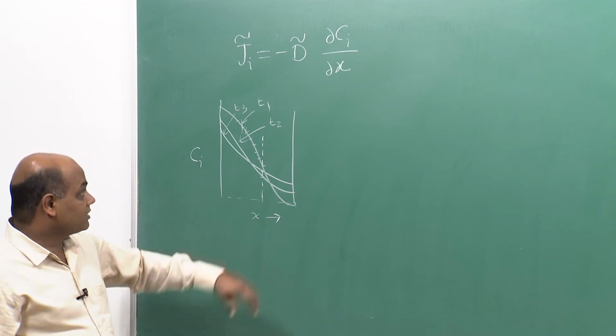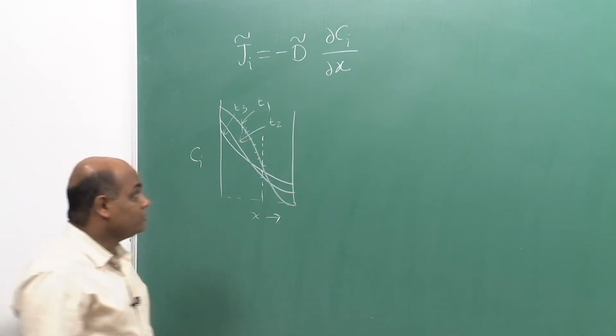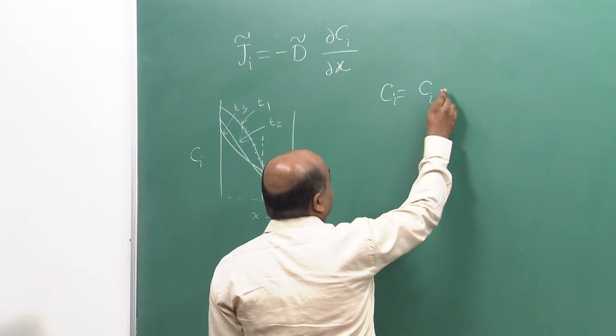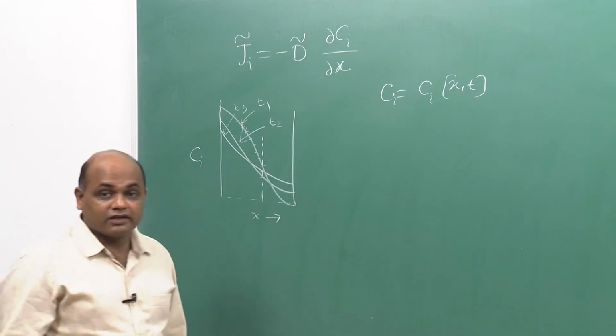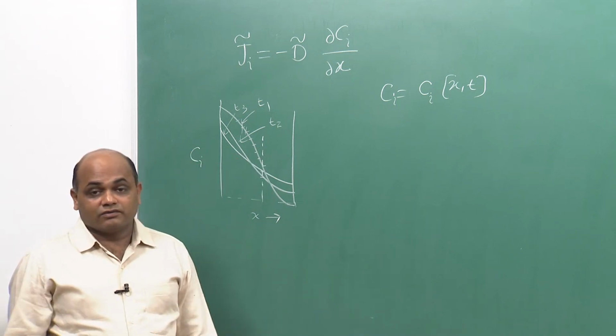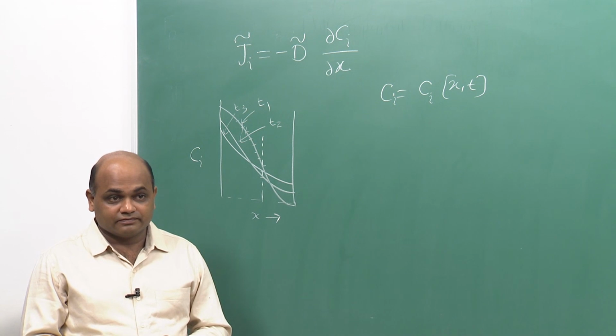In order to take into account the variation of concentration with time also, so Ci, the concentration of I, is a function of x and t. In order to take into account the variation with time, we use what is called the principle of conservation of species.